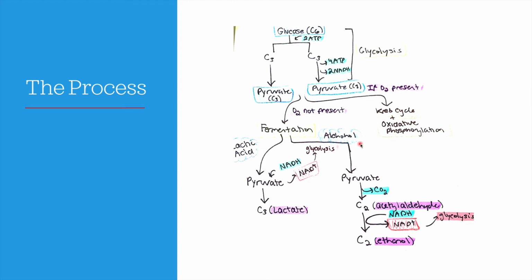In alcohol fermentation, pyruvate is converted to a C2 compound called acetaldehyde, and a CO2 molecule is lost in this process. Then acetaldehyde is reduced to form ethanol, and NADH is oxidized to NAD+.